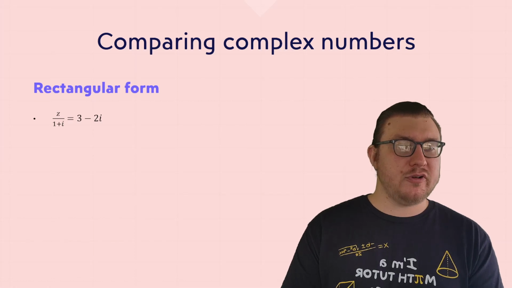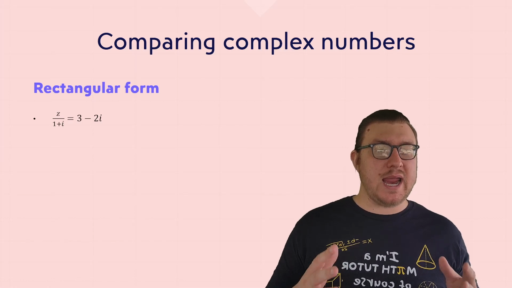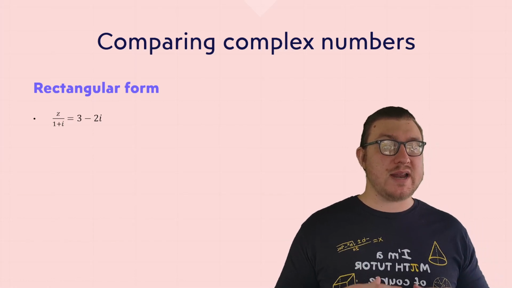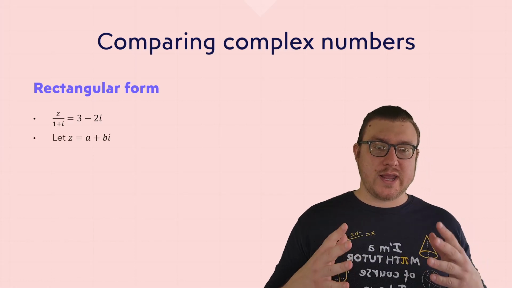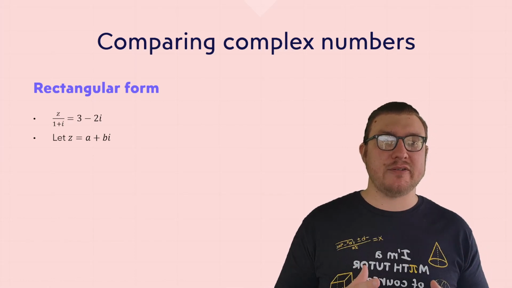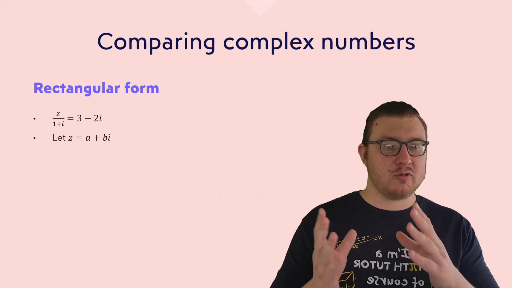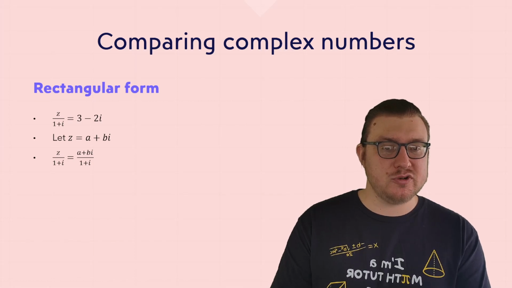So first of all, how do we do this again? Well, remember, if we're doing anything with z, we need to write z is equal to a plus bi. We cannot solve anything if we have a complex number that doesn't have the form a plus bi, real part plus imaginary part. So let's substitute that in.